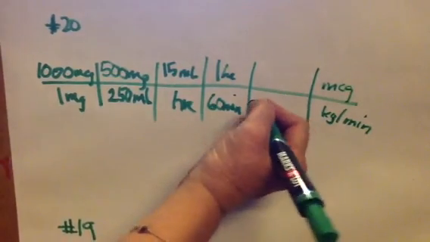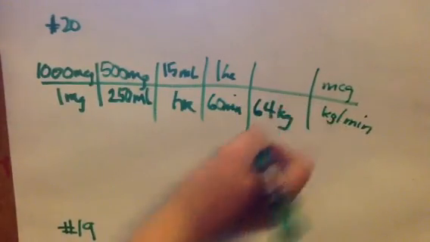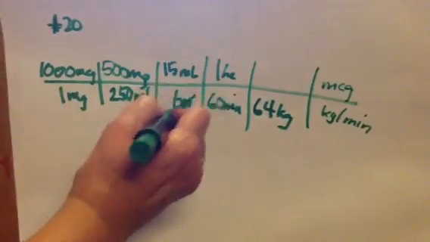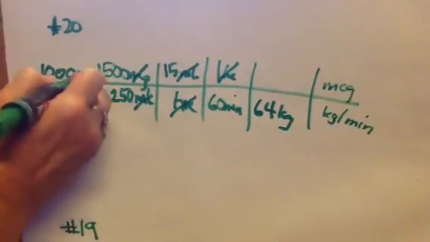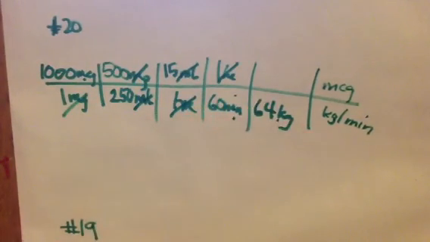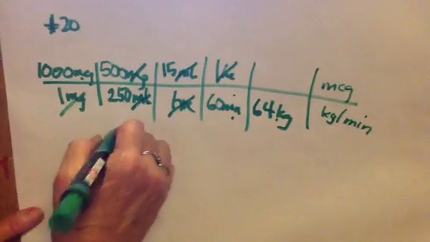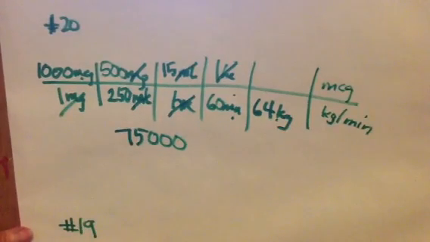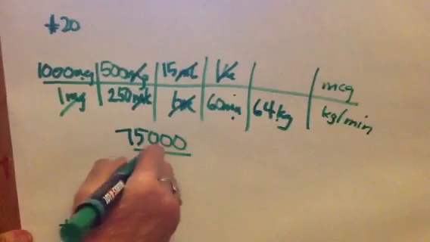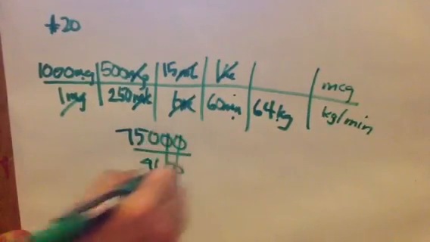So we put the 64 kilograms there. So when we go through and cancel out our factors, we're left with micrograms per minute per kilogram. Okay, so when you figure all that out and do your math, it comes out to be 75,000 over 9,600. So again, you can get rid of those two zeros.